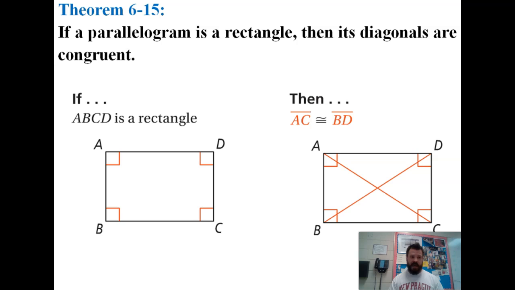Now we know that with any parallelogram, the diagonals bisect each other. So AC would be cut into 2 congruent parts, and BD would be cut into 2 congruent parts. But with the rectangle, we can do a little better than that. Since those diagonals are equal, we'll get 4 congruent parts, or in other words, 2 congruent diagonals.